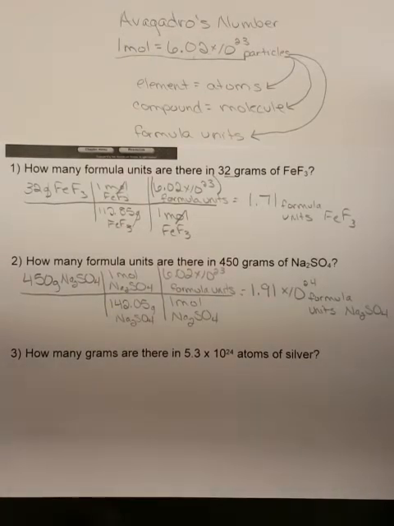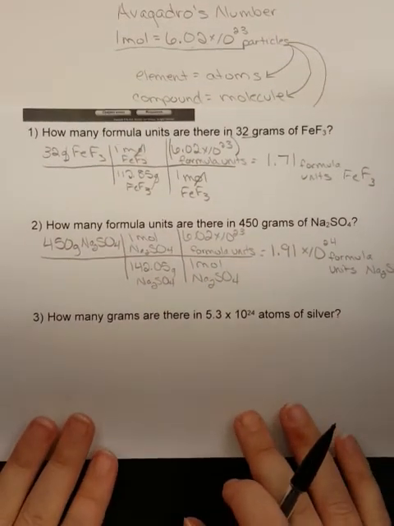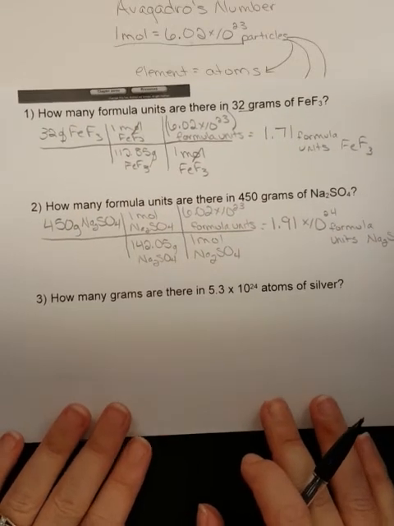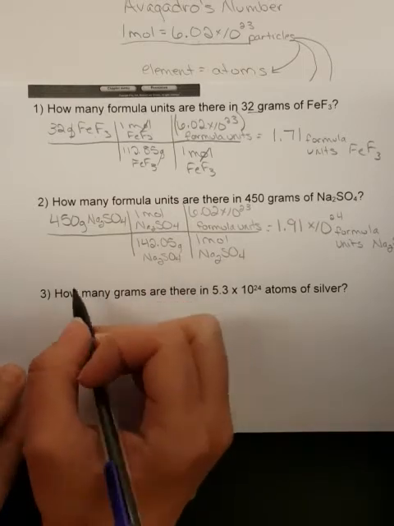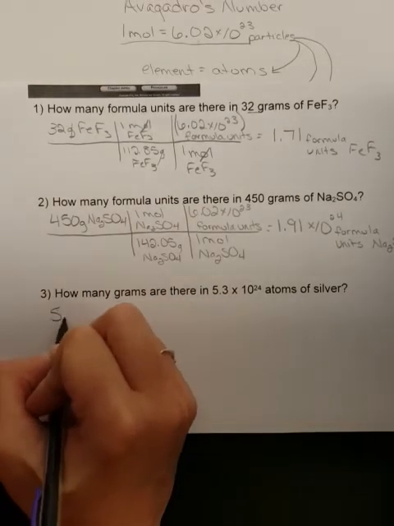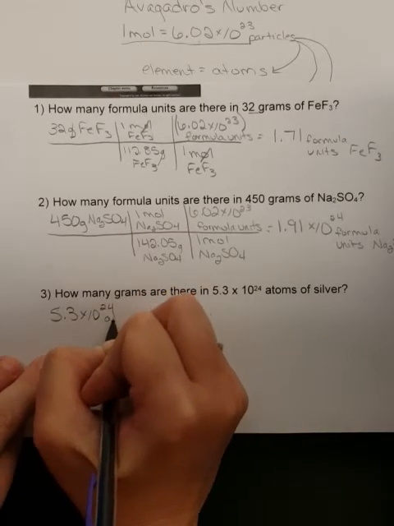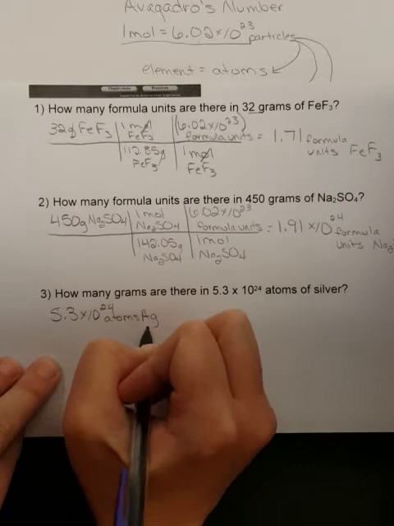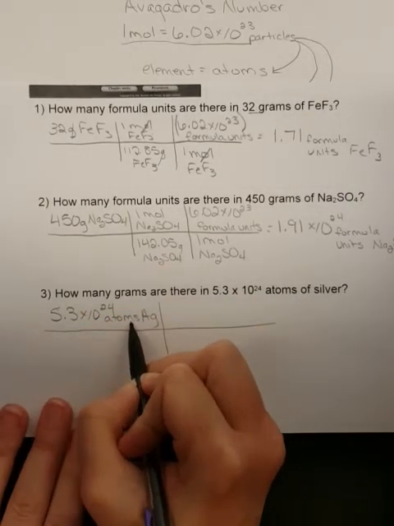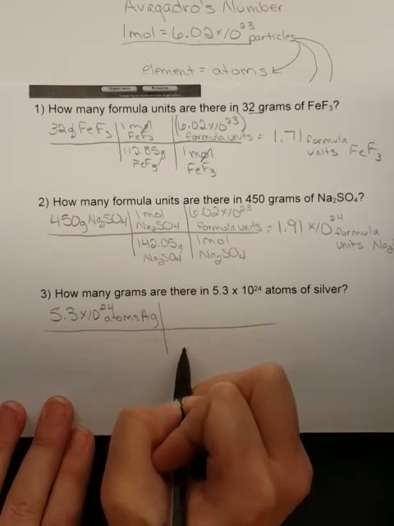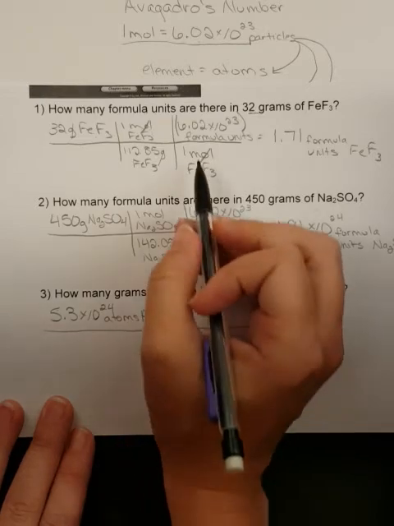All right, number 3, I'm going to work with you because we're going to start out with atoms and we're going to end up with grams. So now we're kind of working backwards. So we're still going to start with the number that they give us. All right, so we have units of atoms here. We need units of atoms down here so that they cancel out. Well, what relationship do I know about atoms?